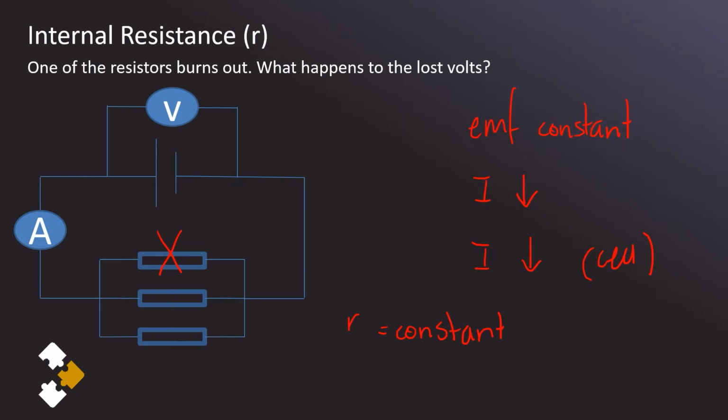So looking at our equation V lost is equal to I times small r, if small r is staying constant and I is decreasing, we'll see how the V lost is also going to decrease. So that is what's going to happen if a resistor burns out.